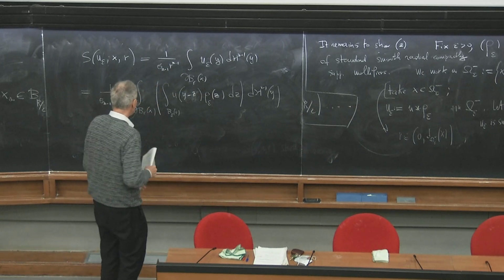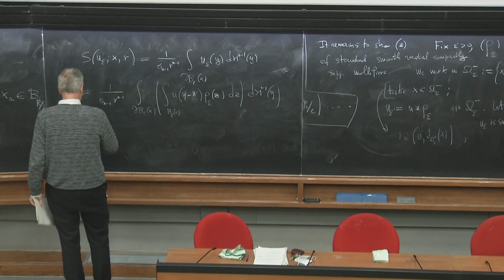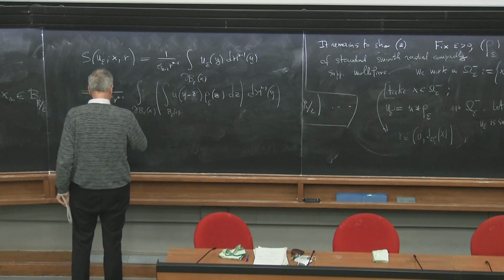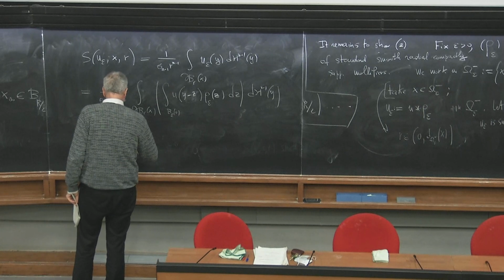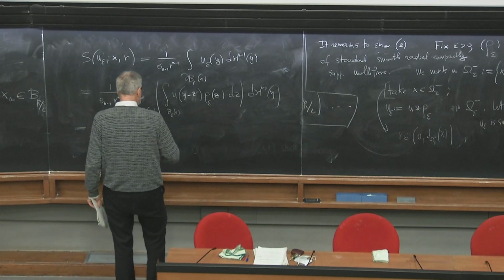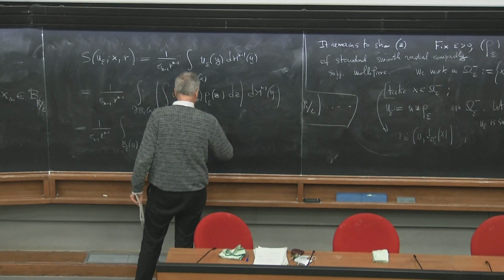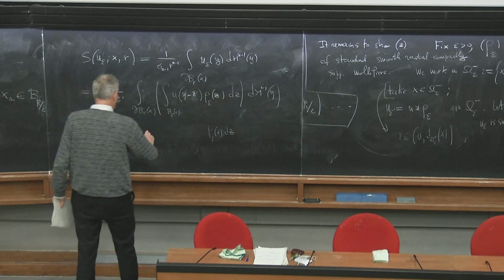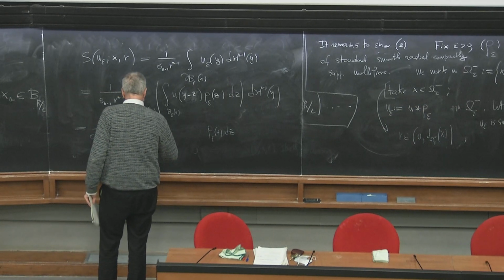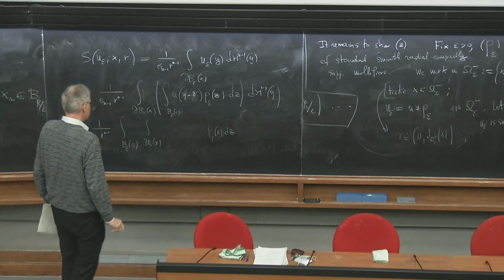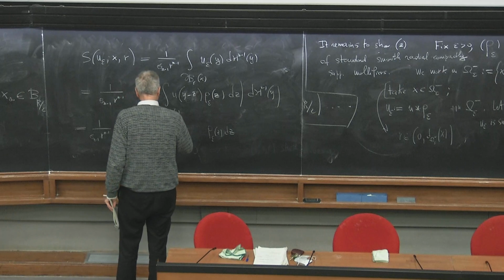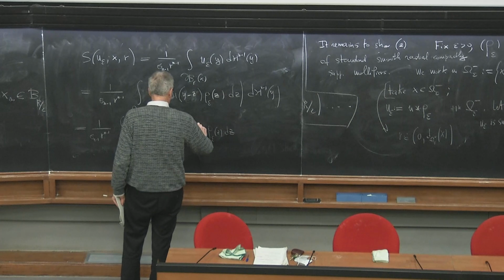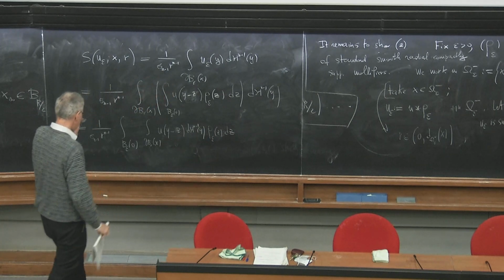Now I can exchange the integrals. So 1 over sigma n minus 1 r to the n minus 1, the integral over B epsilon 0 of rho epsilon of z, times the integral over the boundary of B r of x of u of y minus z, d H n minus 1 of y.